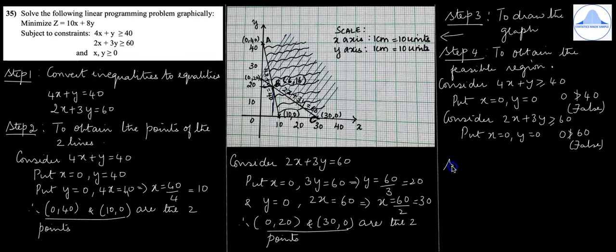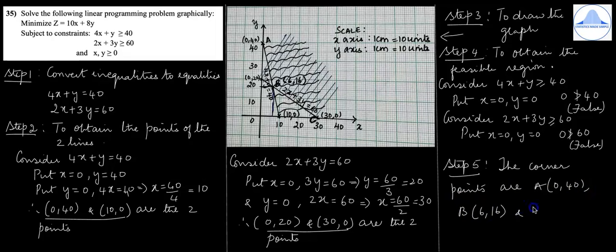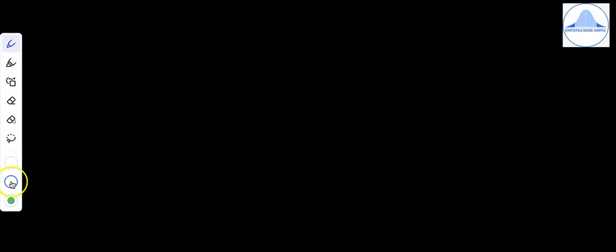So next you write step 5. So step 5, you should write the corner points. So the corner points are A is 0, 40. Then you have B, that is 6, 16, and C 30, 0. So now the last step is to evaluate the objective function at the different corner points.